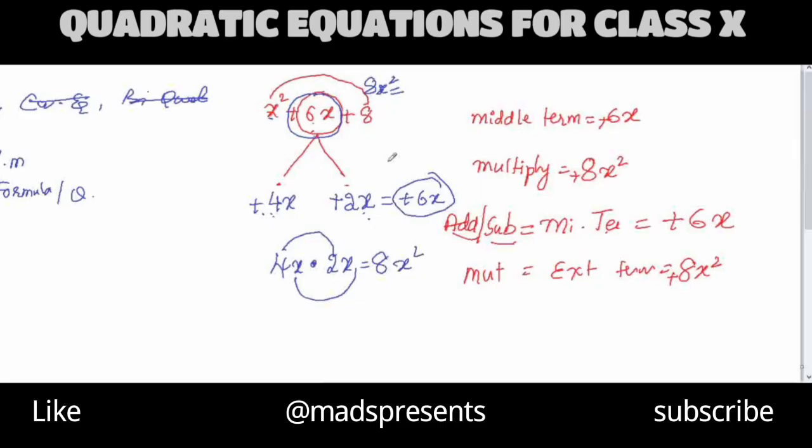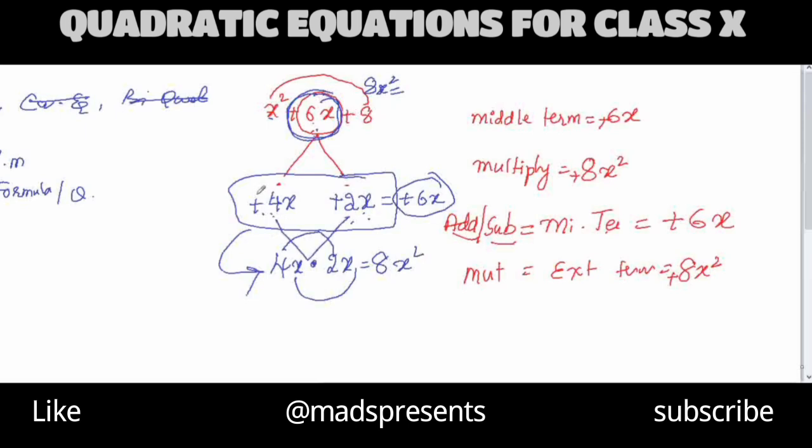That is very important. 6x can be 4 plus 2, 3 plus 3, 10 minus 4, anything. But when you multiply those two numbers, you compulsorily should get the extreme term. That is the major logic in splitting the middle term. Clear?